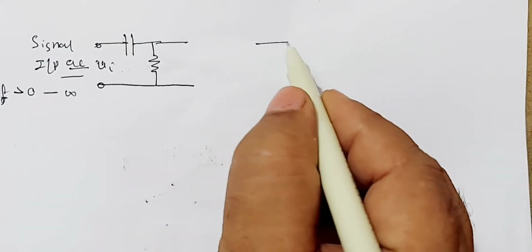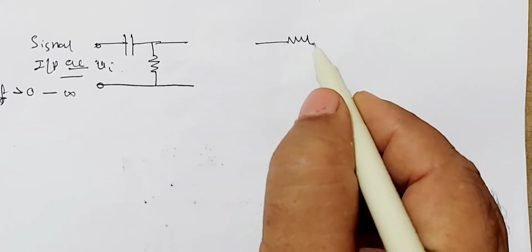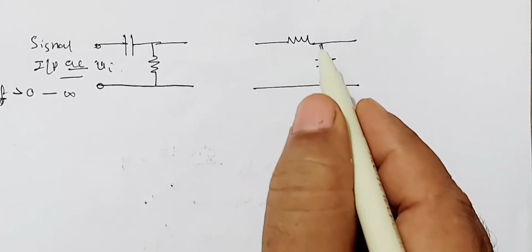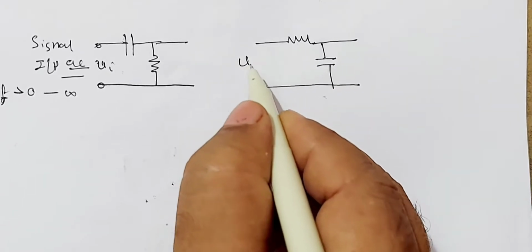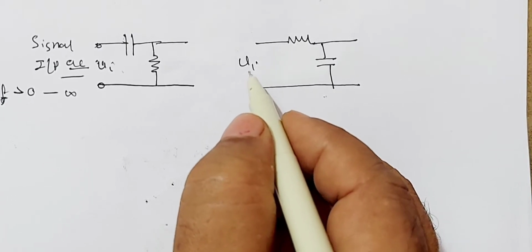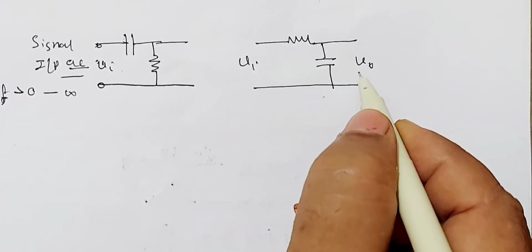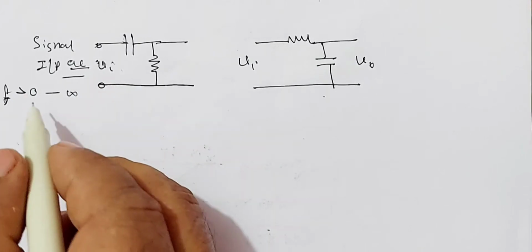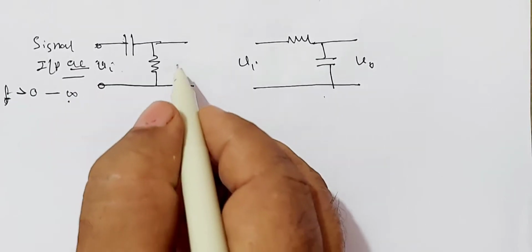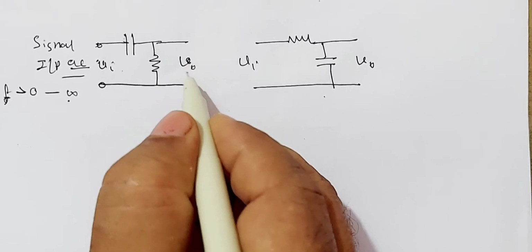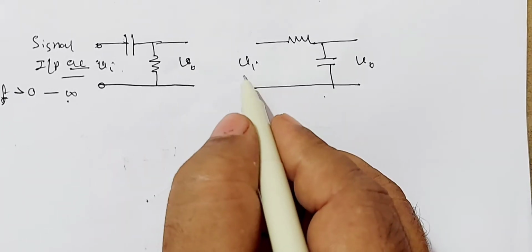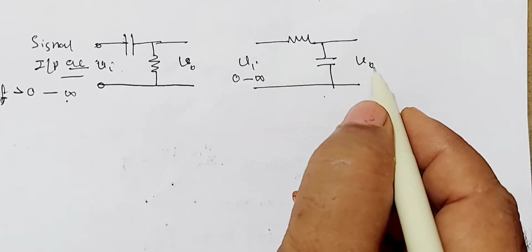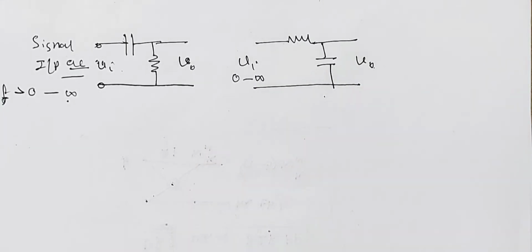Similarly, you can have a circuit like this. Resistor in series, capacitor in parallel. Apply the input voltage, then you will get output voltage VO. Here also, for the input voltage of different frequency ranging from 0 to infinity, you get output voltage.